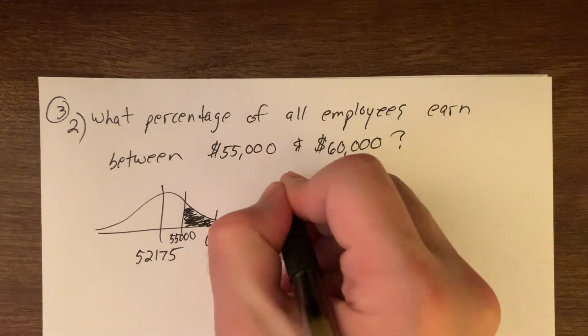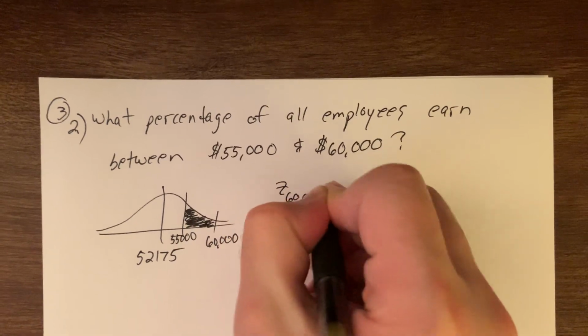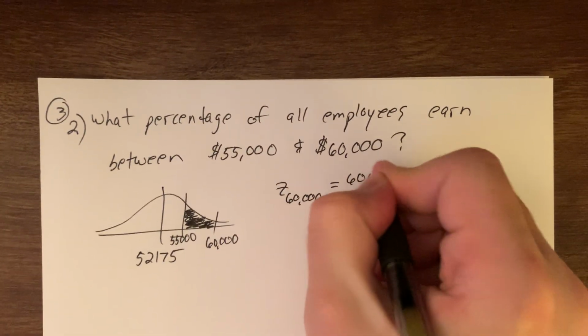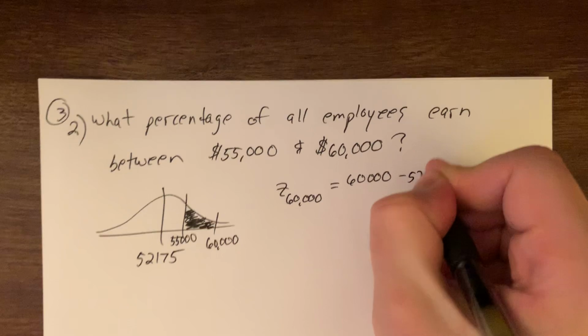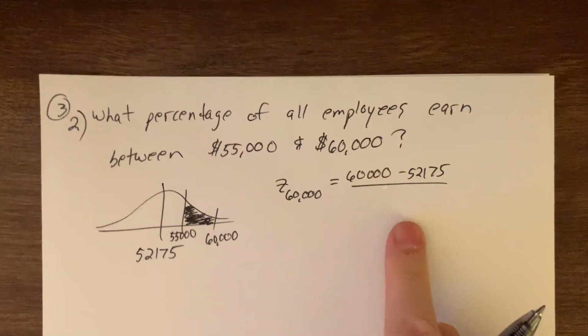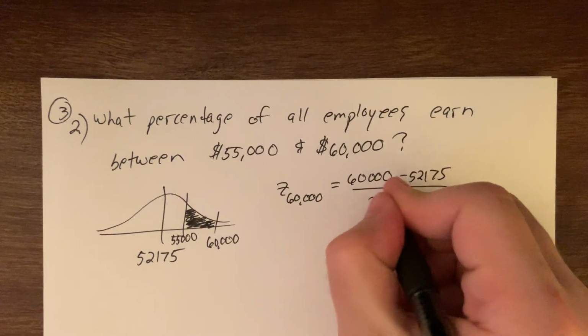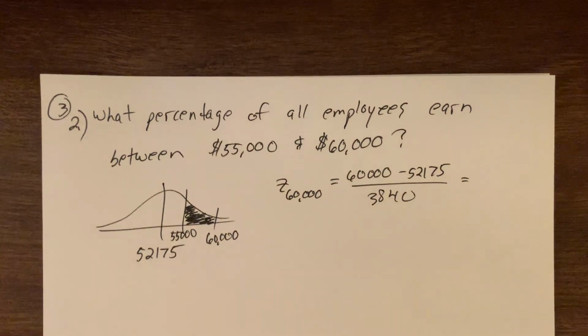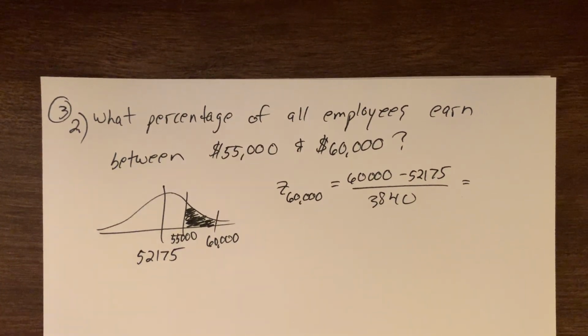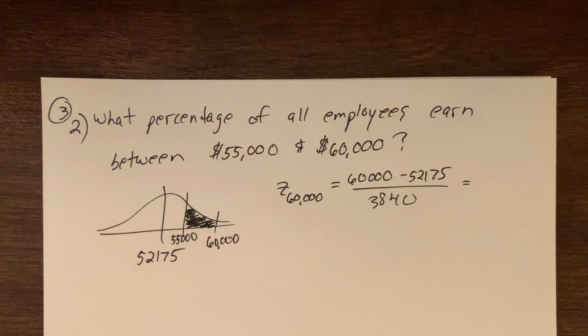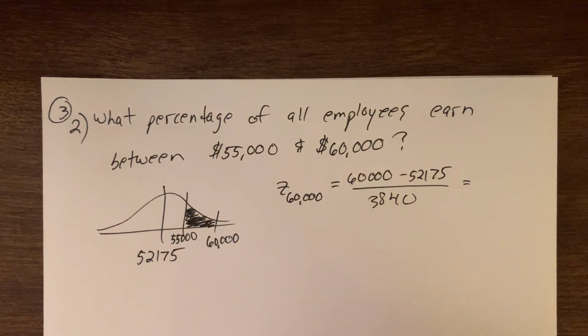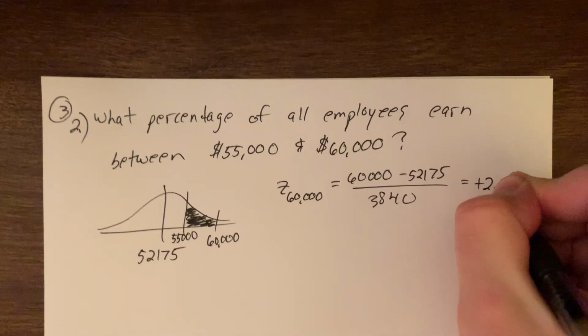I'm going to need 2 z-scores. For 60,000, 52,175. Our standard deviation was 3,840. I get 2.04.